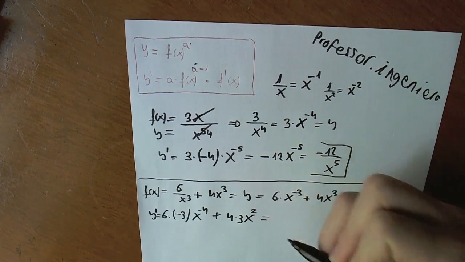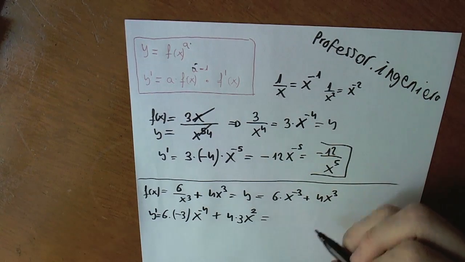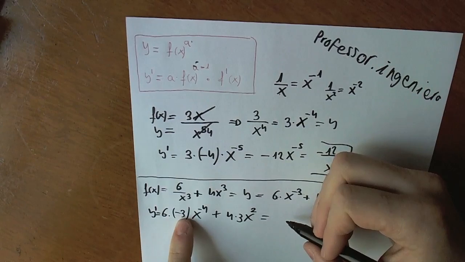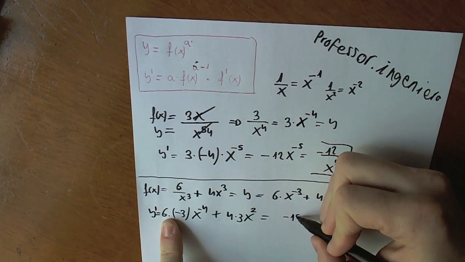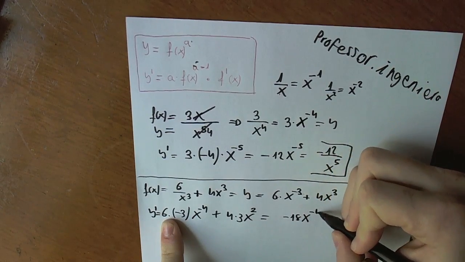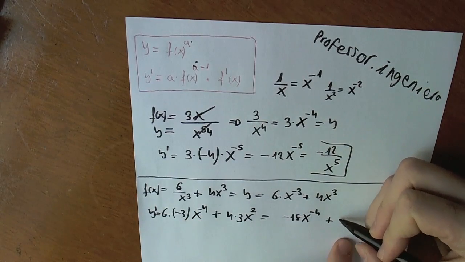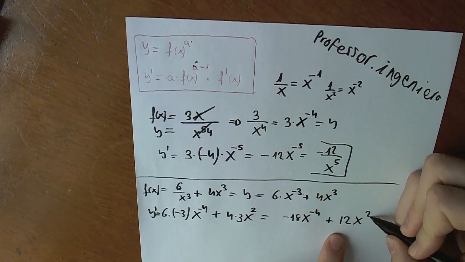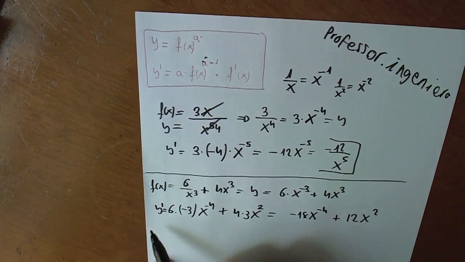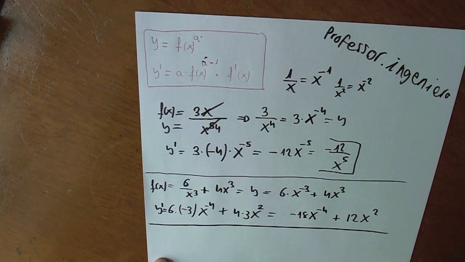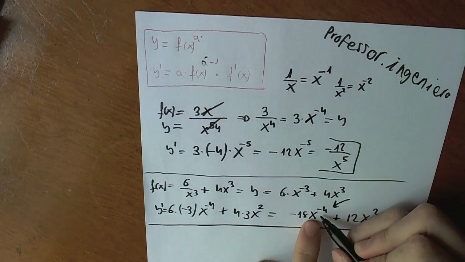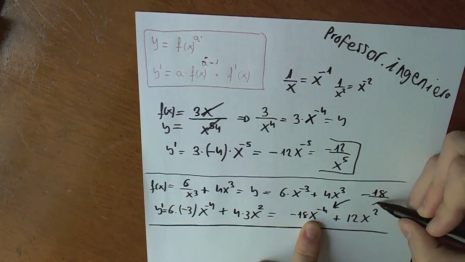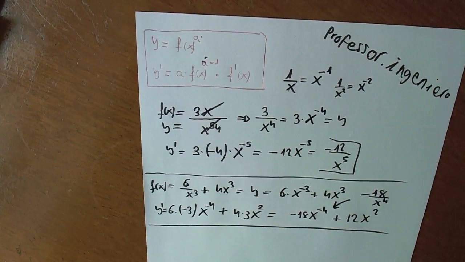So the answer for this derivative is minus 3 multiplied by 6, which is minus 18 x to the minus 4, plus 4 multiplied by 3, which is 12 x squared. Okay, this is the answer. It was very easy. We could also write the x to the minus 4 like minus 18 divided by x power 4.